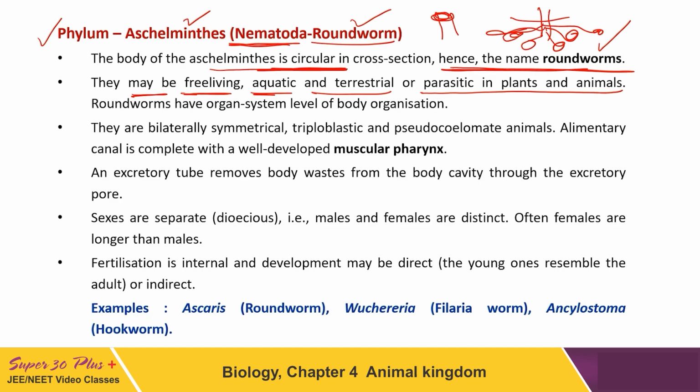Roundworms have an organ system, very important: the organ system level, the fourth level of organization, is found in this phylum. Starting from this till the last, Chordata, the organ system level of body organization is found. All right? Turn to the next now.